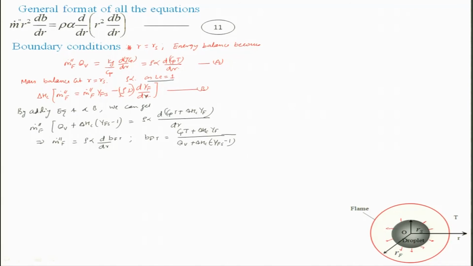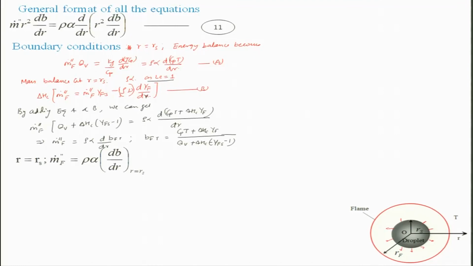So, I can write down my boundary condition, combining these two, at R is equal to Rs. At R is equal to Rs it is m dot f equal to rho alpha dV by dr. This is the boundary condition I am getting, right.